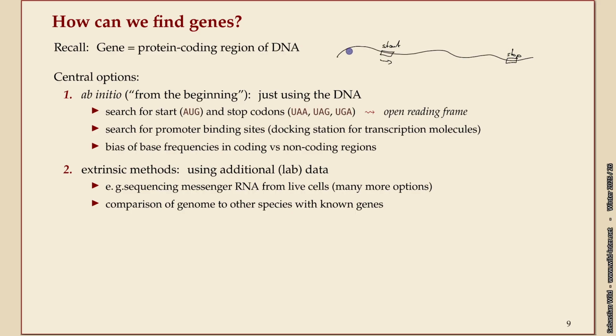Usually, a little upstream from the start codon, there's some specific sequence that allows the RNA polymerase to attach and stick there. So you can also try to find these. Unfortunately, these are not always the same, so we'll come back to these in the latter part of the unit. The tricky bit is that they may be a different sequence in different species.